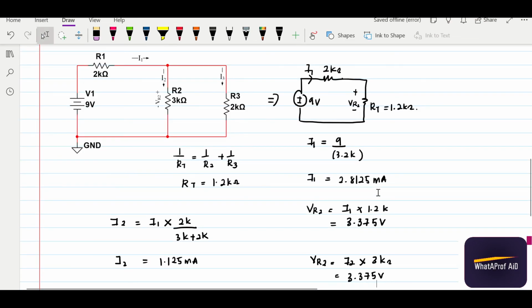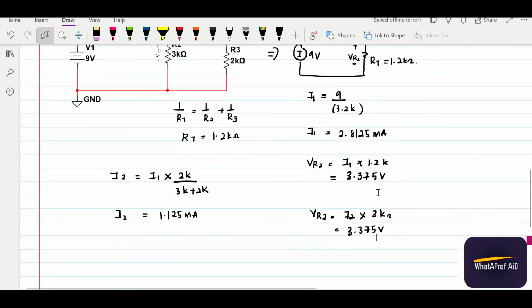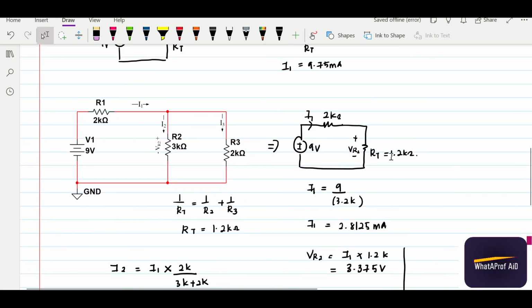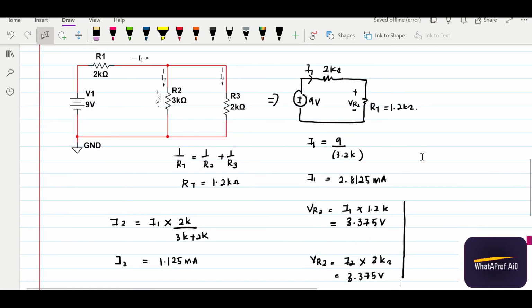Okay, VR2 can also be obtained using the voltage divider rule. Just to give an example here, using this circuit, we already have this total resistance here. This is VR2.